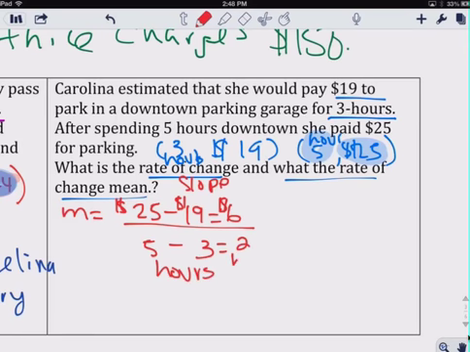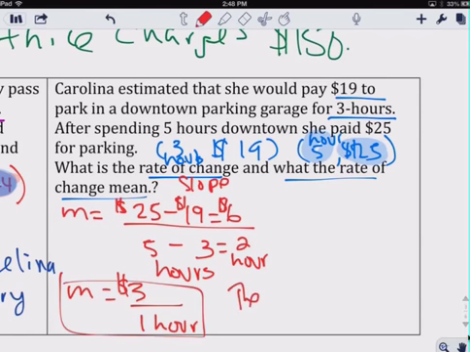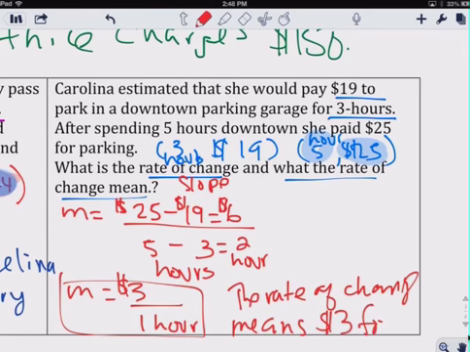So it's 2 hours. So your slope is $3 for every 1 hour. So it means your rate of change means $3 for every hour.